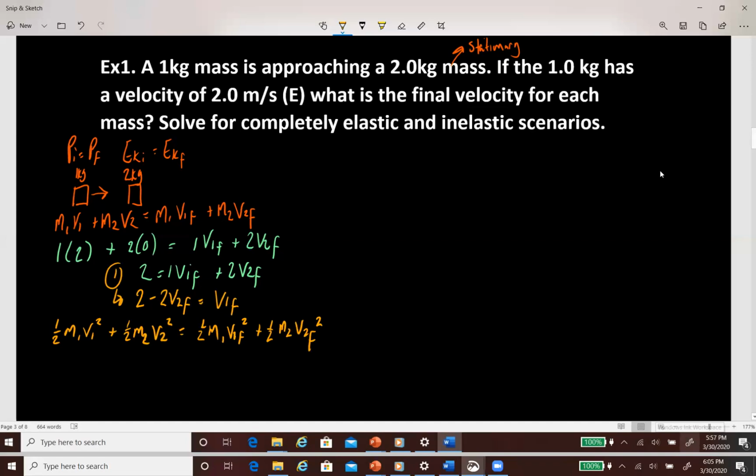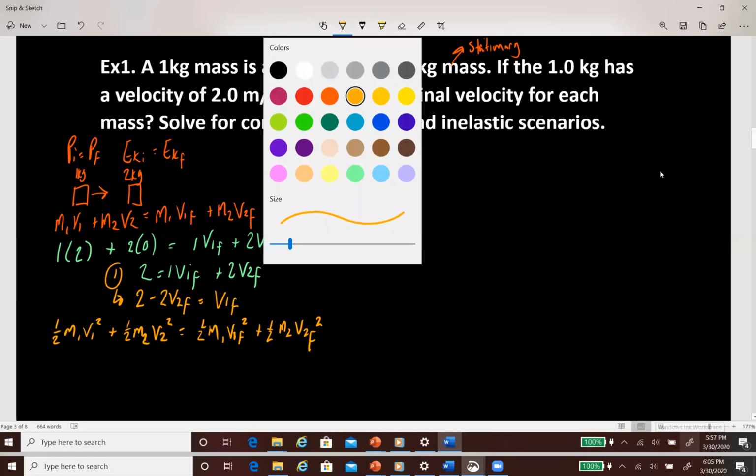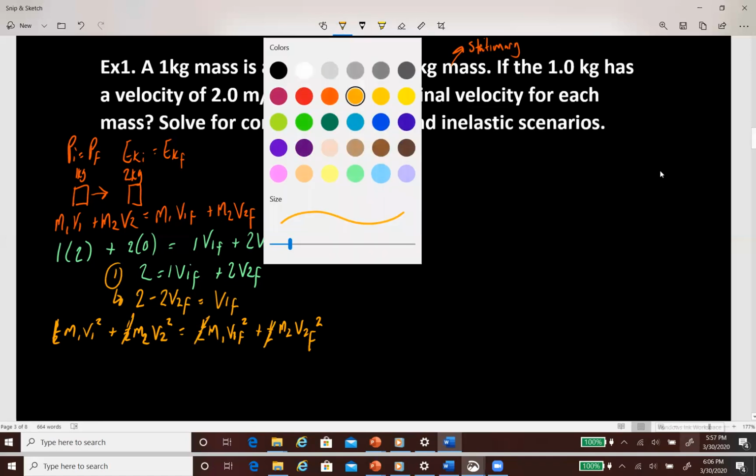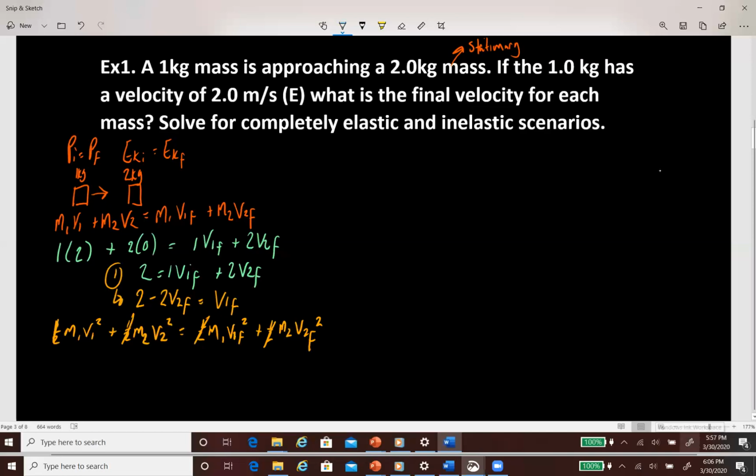First, let's just get rid of the half because it's quite annoying. So we're going to just eliminate the half and cross them out. So we have m1 v1 squared plus m2 v2 squared is equal to m1 v1f squared plus m2 v2f squared.